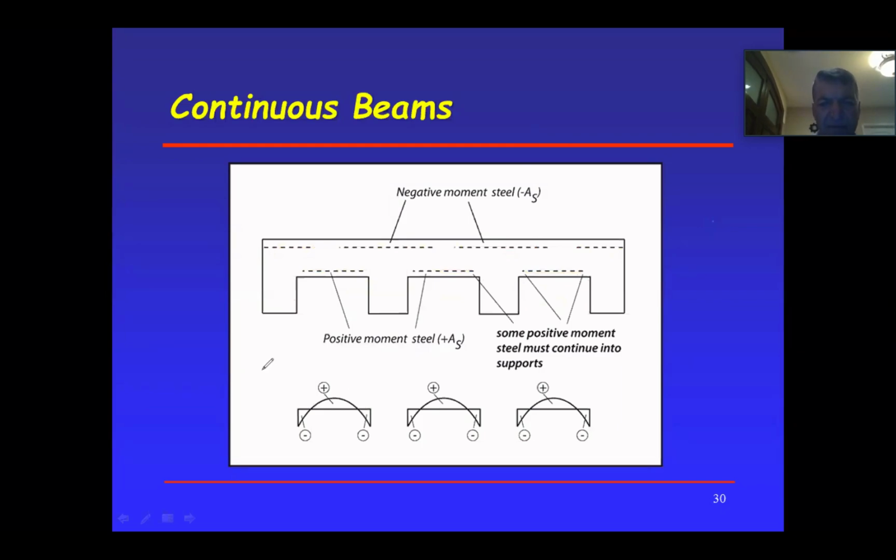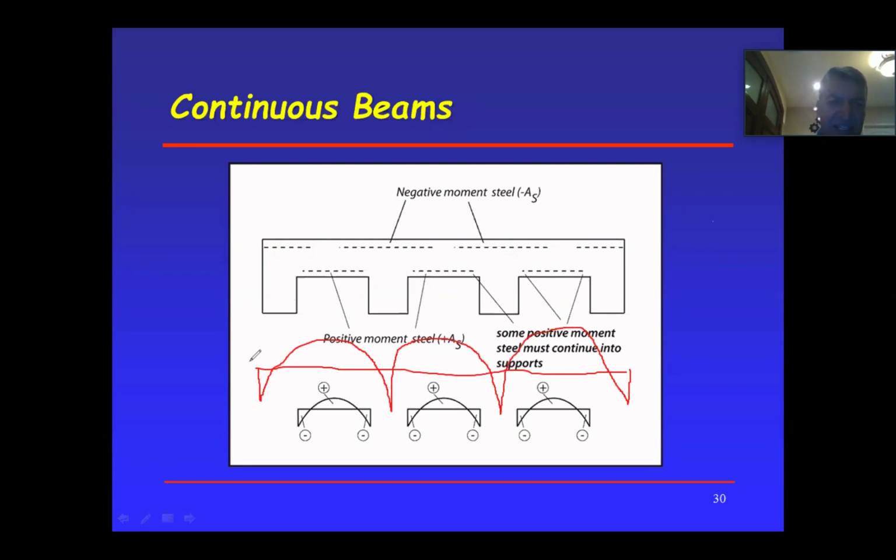So the moment diagram for a simply supported beam is going to be like this. You're going to have a negative moment here. And it's going to go up like this. This is the moment diagram.